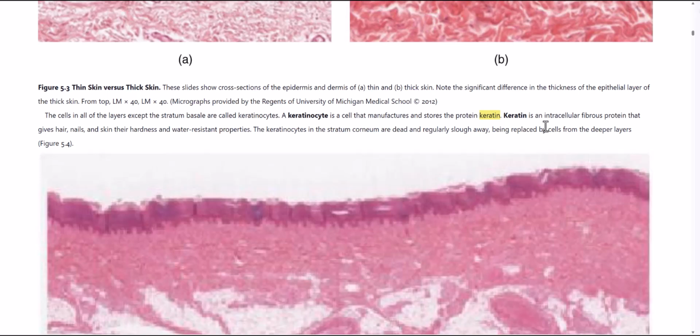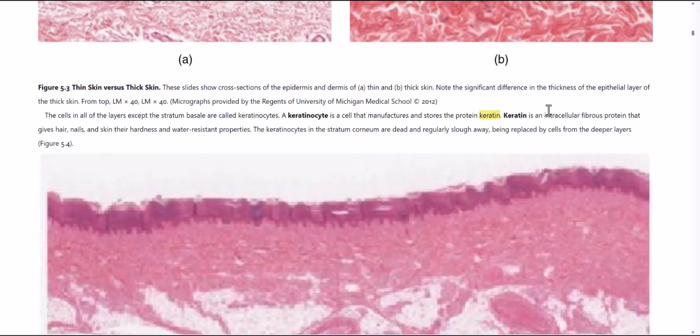We'll be seeing a lot this semester that words that end in IN are most oftentimes proteins. So keratin is a fibrous protein. It is the main ingredient in your hair, in your fingernails, and in your skin. It gives our skin sort of a tougher outer layer, and also its waterproofing or water resistant properties.